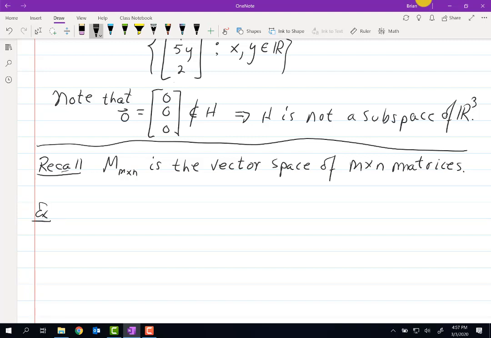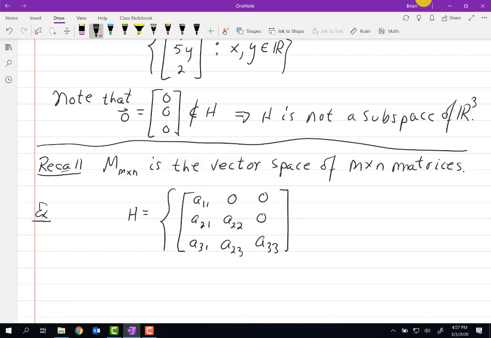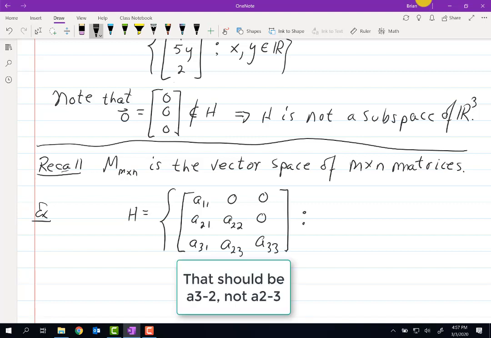Let me have H equals the following set. I'm going to set it up as a11, a21, a31, 0, 0, a22, 0, a32, a33, where each of the aij's is in R. This set is a subspace.